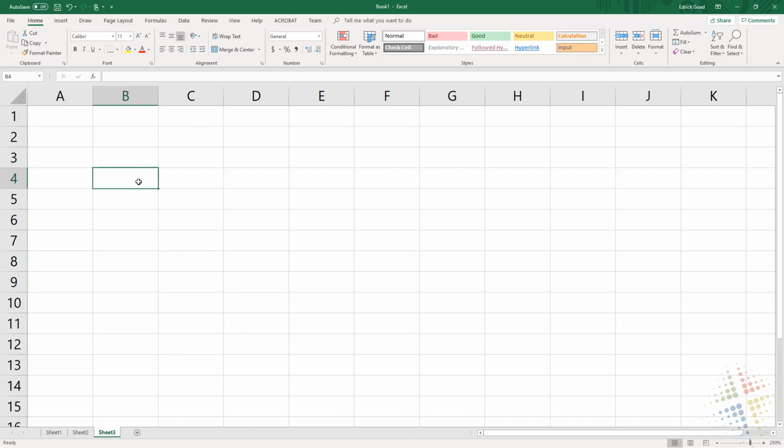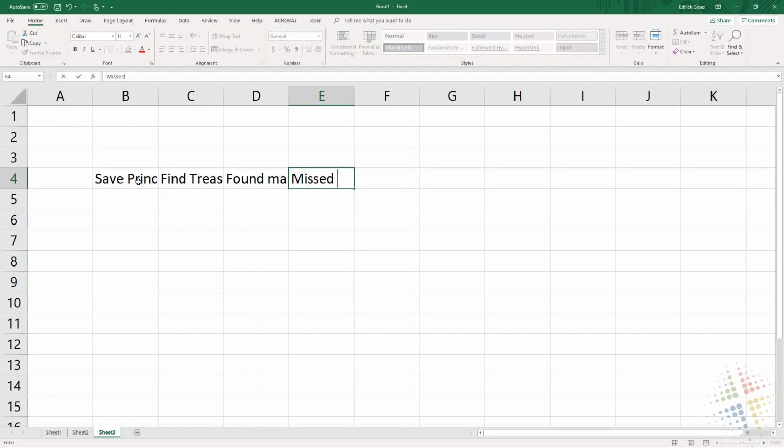So let's say you have like Save the Princess, Find Treasure, Found Map, Missed the Trap, and so on.